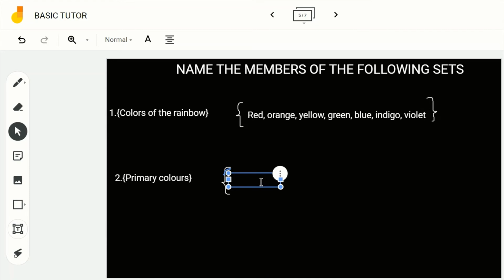So these are the members of this set. So red, blue, and yellow are the members of our primary colors.